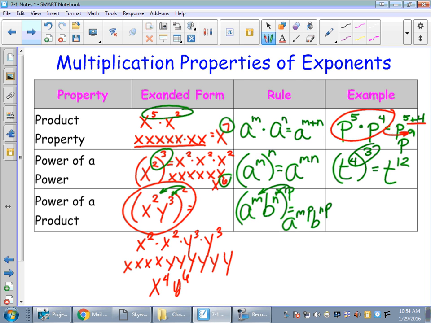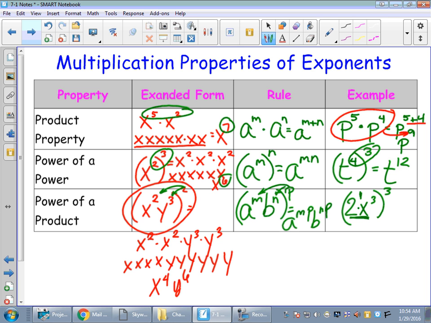So to give you an example, if I show you 2x cubed, cubed, what that means is I have a product. 2 times x cubed is a product. They're being multiplied together here. It's really a 2 times an x times an x times an x. So as long as I apply that exponent to the 2, now the 2 has a 1 up here.